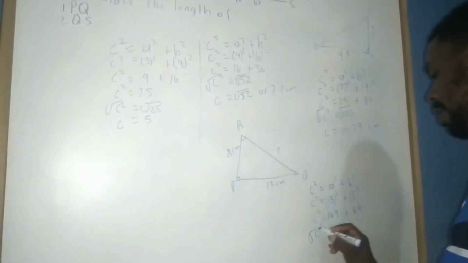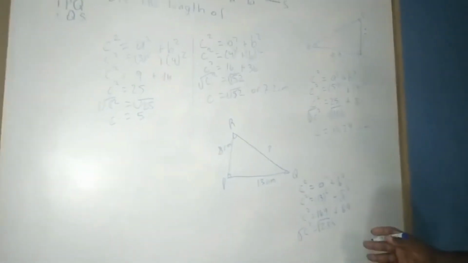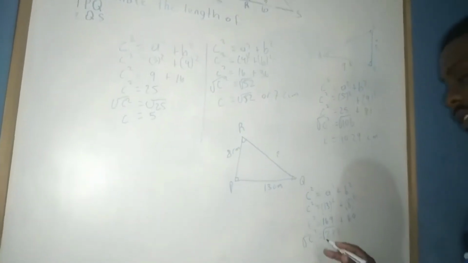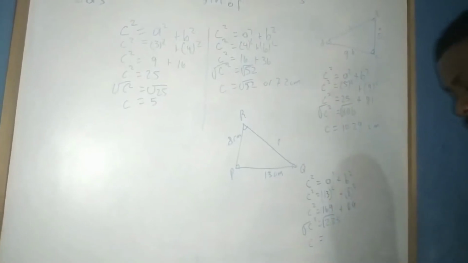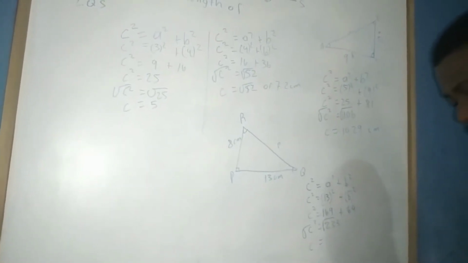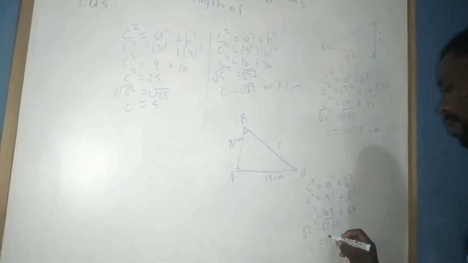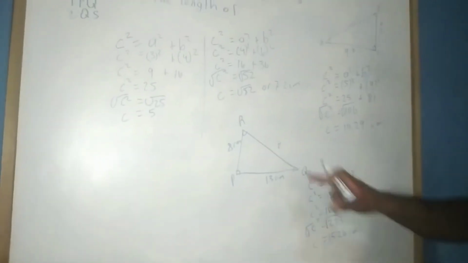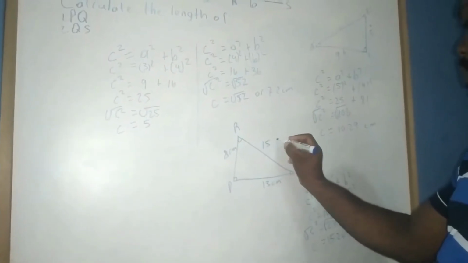Squaring both sides, the reason we're doing this, if I want to emphasize, is to remove the square. We're not solving for C squared, we're solving for C. So C is equal to the square root of 233, and that is equal to 15.26 centimeters. Always remember to include your units.